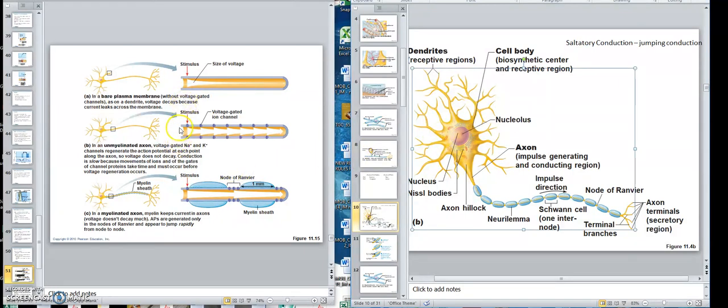The action potential comes down. Since the myelin covers up the voltage dependent gates, you can't do the action potential on the membrane because the gates are closed, because they're covered up by this plug of fat, this lipid. So when the action potential comes down, it has to stop here. Now as the action potential comes down, don't forget that you're creating a charge.